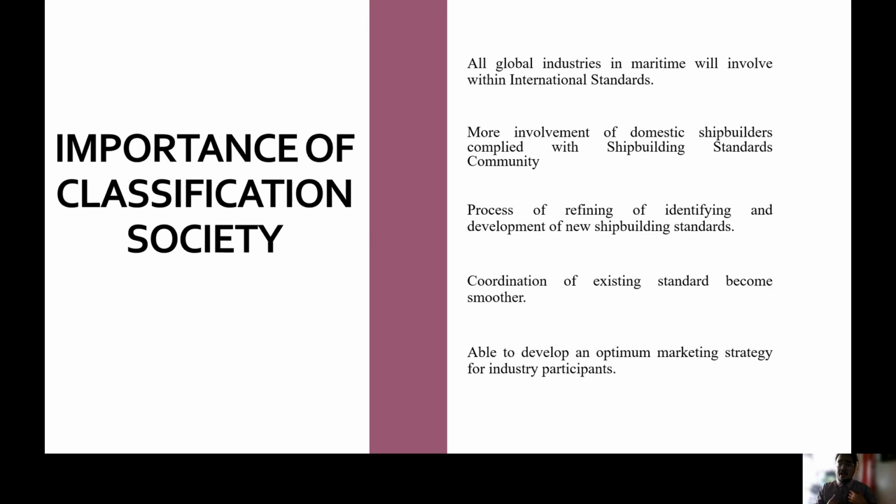So at least when they have issues regarding their safety and health, we can take action, because some companies might look for shortcuts to cut their costs. So based on the classification society, at least we can ensure the safety of the people involved within this industry.